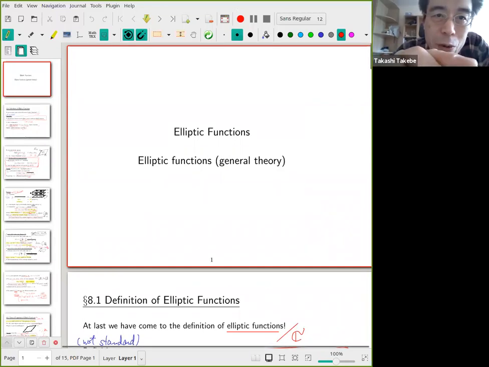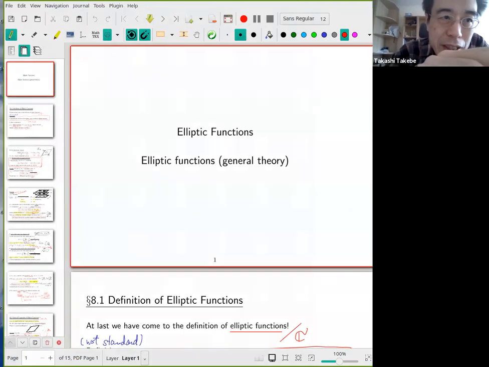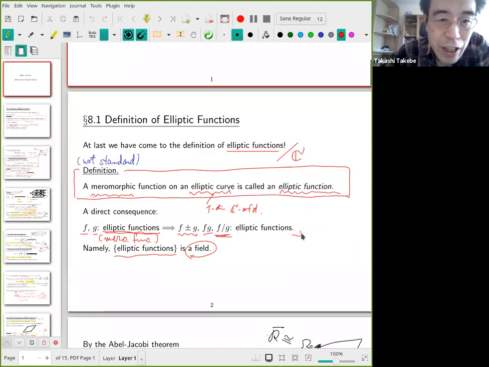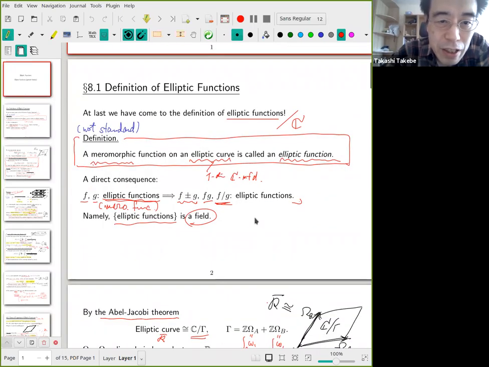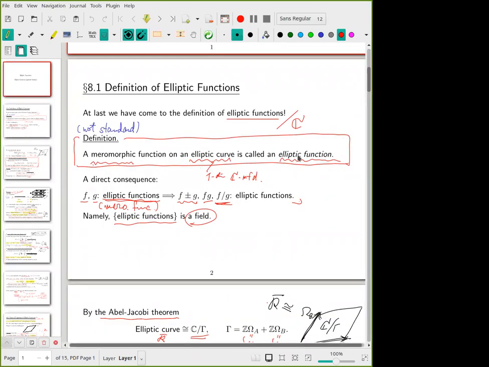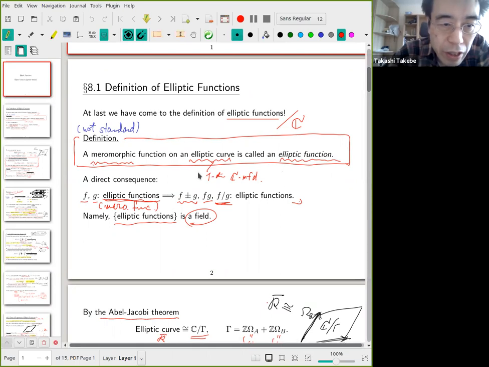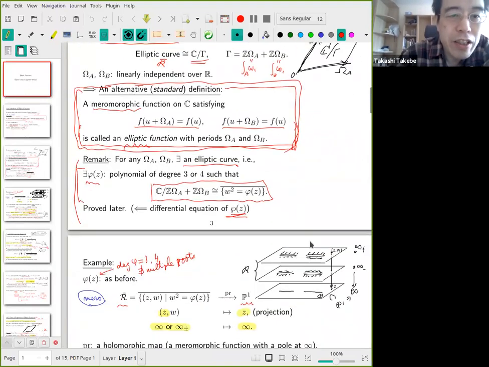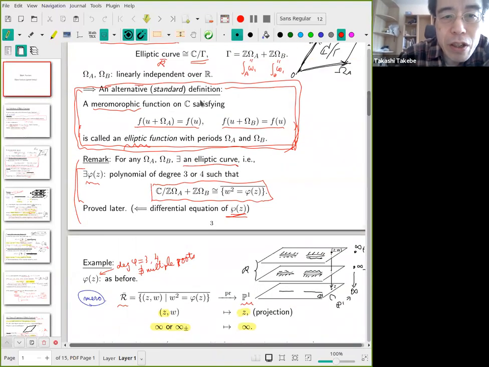Last time, we defined elliptic functions as a meromorphic function on the curve, or sorry, as a doubly periodic meromorphic function on the complex plane.